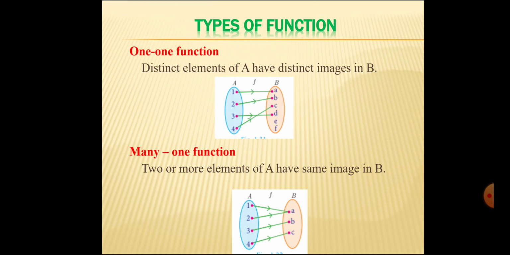Here the elements 1 and 2 in the domain have the same image in B, that is a. Many means two or more. So here two or more elements of A have the same image in B. So it is a many-one function.